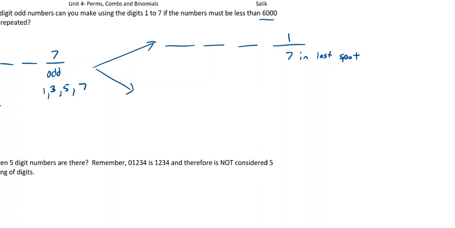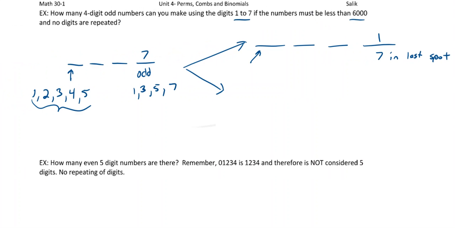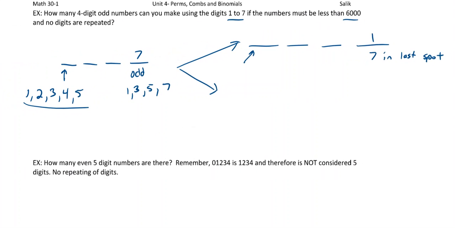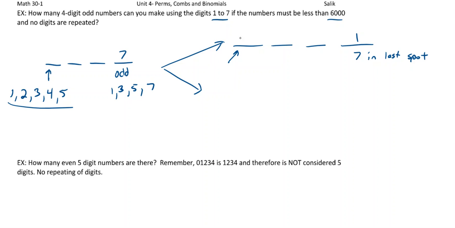Let's go back over here. At the beginning, the numbers are 1 to 7, so what did I have to choose from? These numbers: 1, 2, 3, 4, or 5. So we've got 5 options there. Now let's think about the next spot.